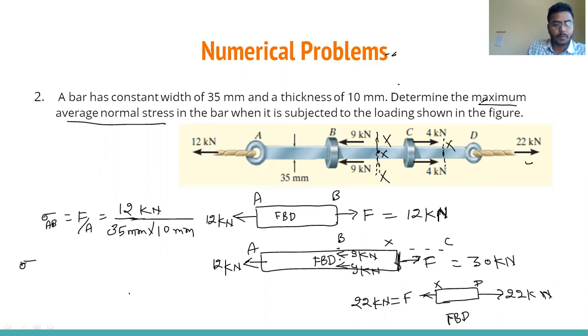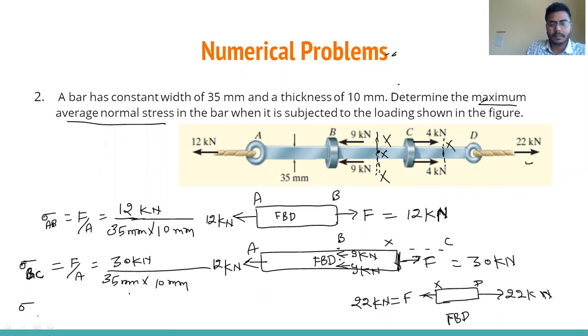Now sigma, normal stress for BC. In BC, what is the pulling force? 30 kilonewton. So F divided by A, 30 kilonewton divided by area, that is 35 mm into 10 mm. Now calculate the normal stress for CD. F divided by A, what is the force? 22.